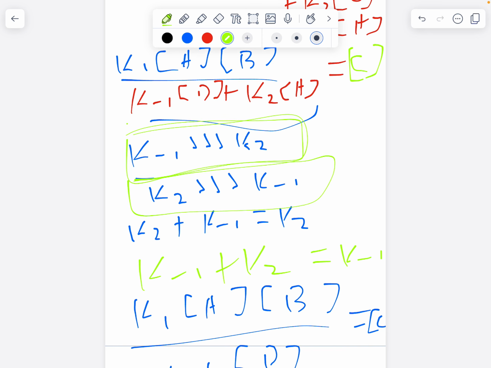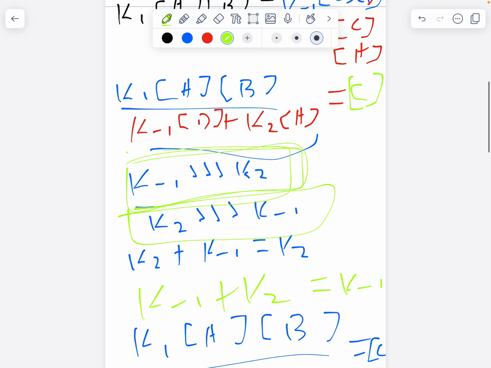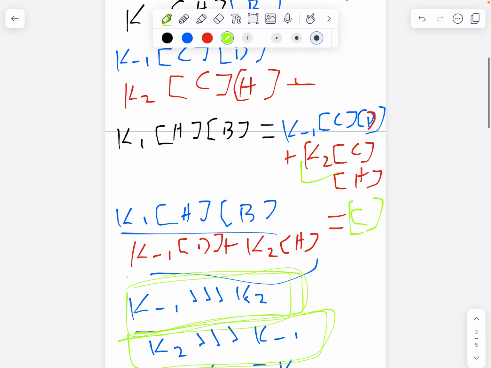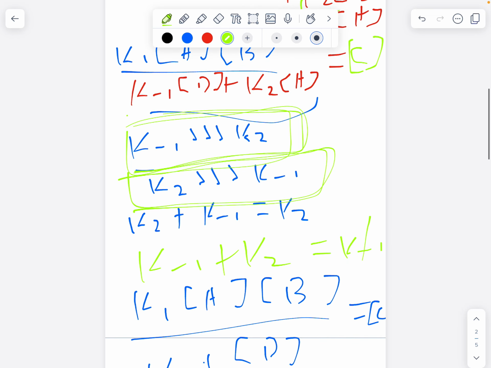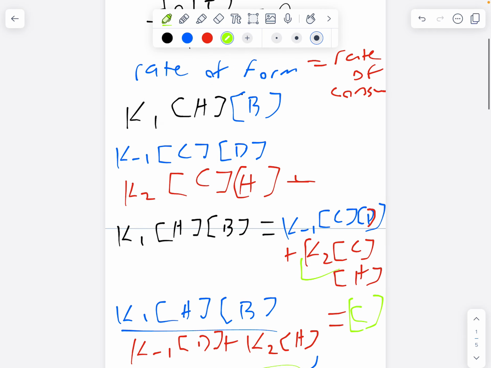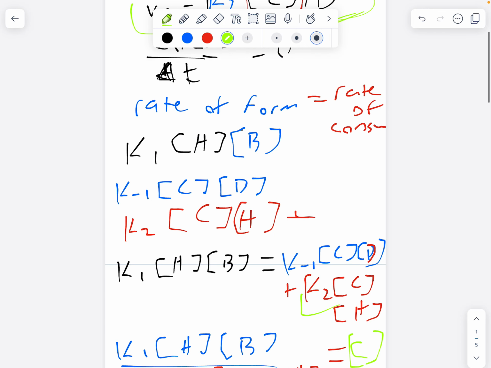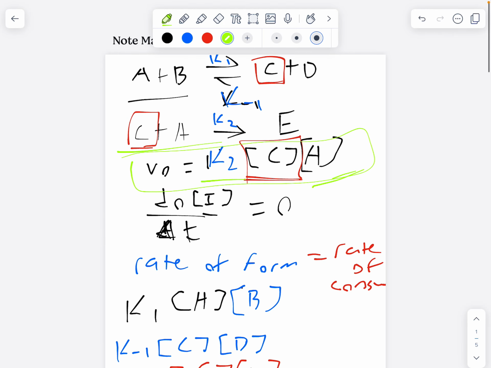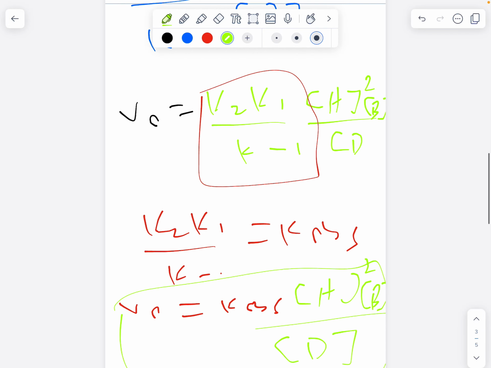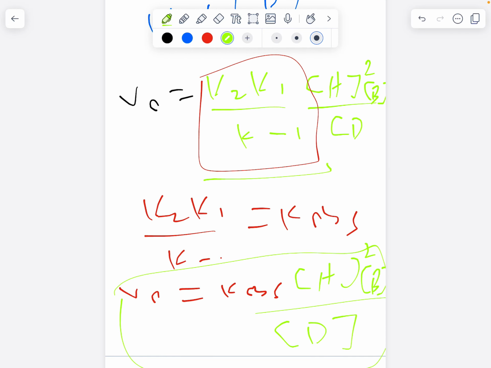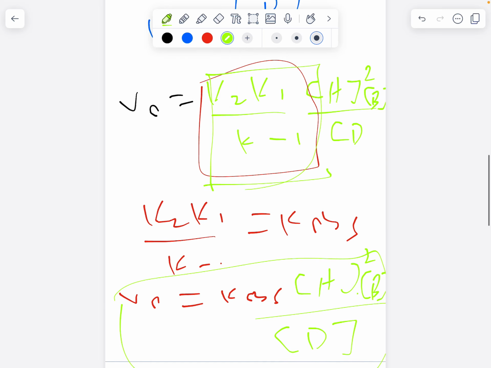And so I suggest that in this case we make k minus 1 much greater than k2, because if we made k2 much greater than k minus 1, then we have a funny cancellation going on with the k2 from the leftover part here. Instead, if we make the other approximation, then we have a nice k2 k1 over k minus 1, which is what we typically see from the steady state.